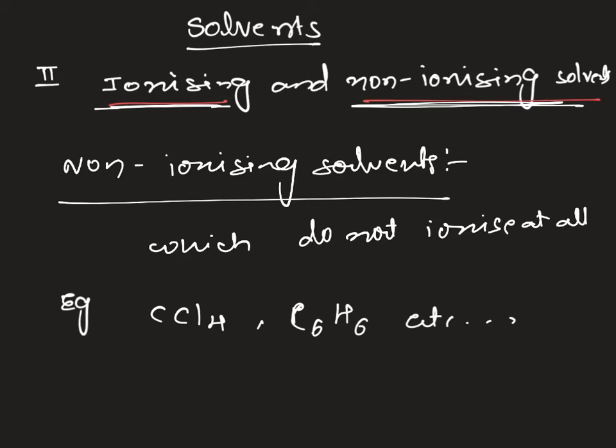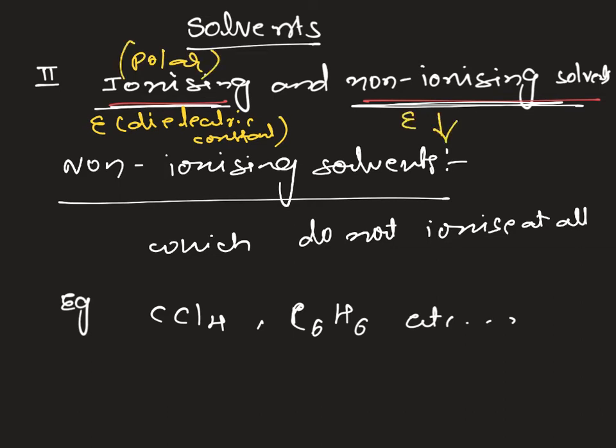Ionizing solvents have a high dielectric constant, epsilon, and we also call them polar solvents. Non-ionizing solvents have a low dielectric constant, and these are also called non-polar solvents.